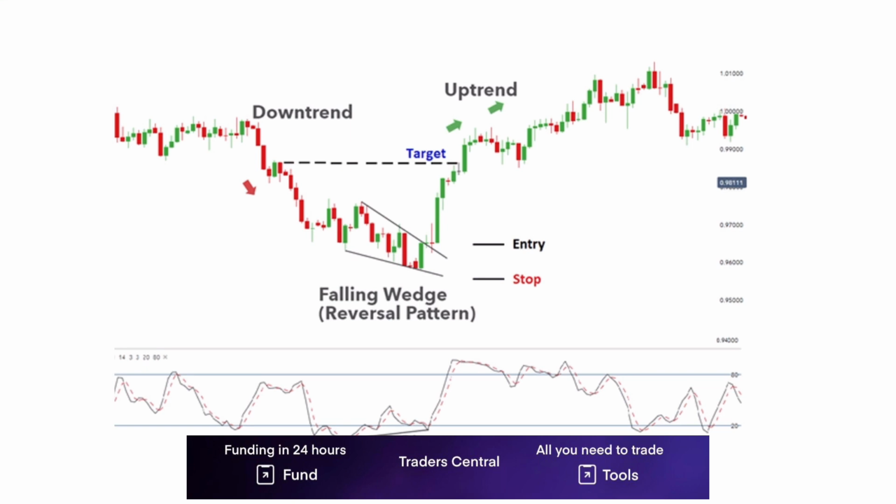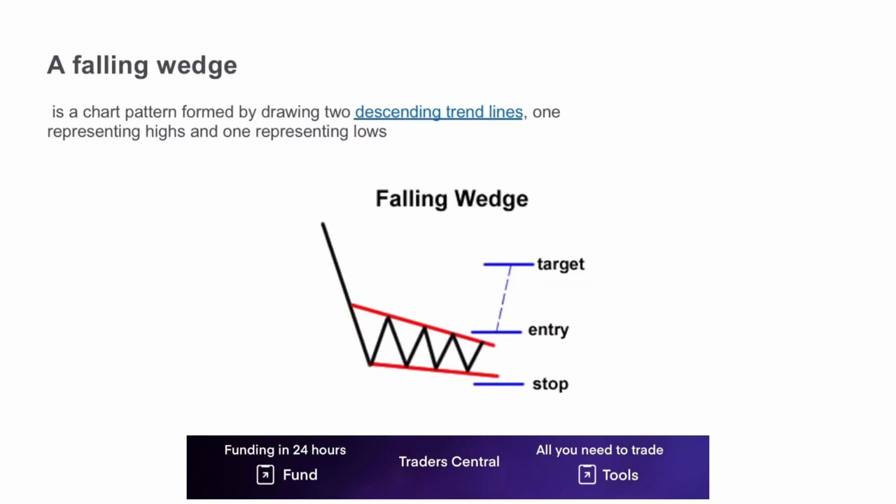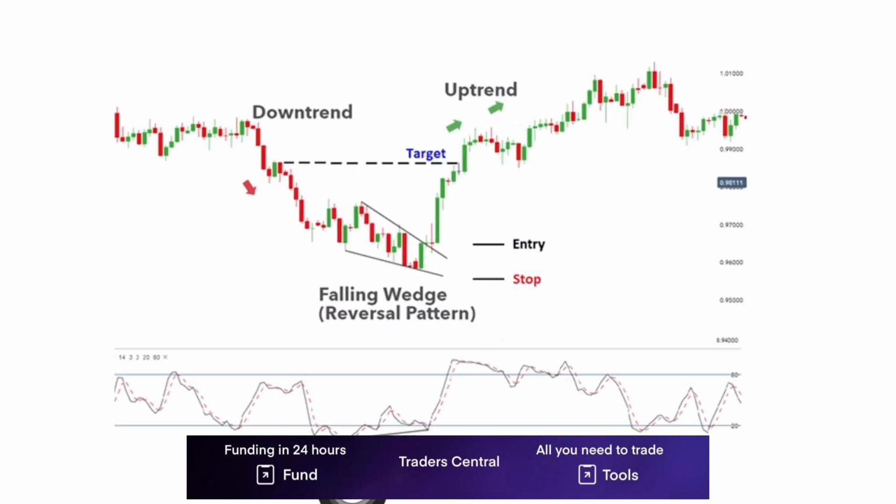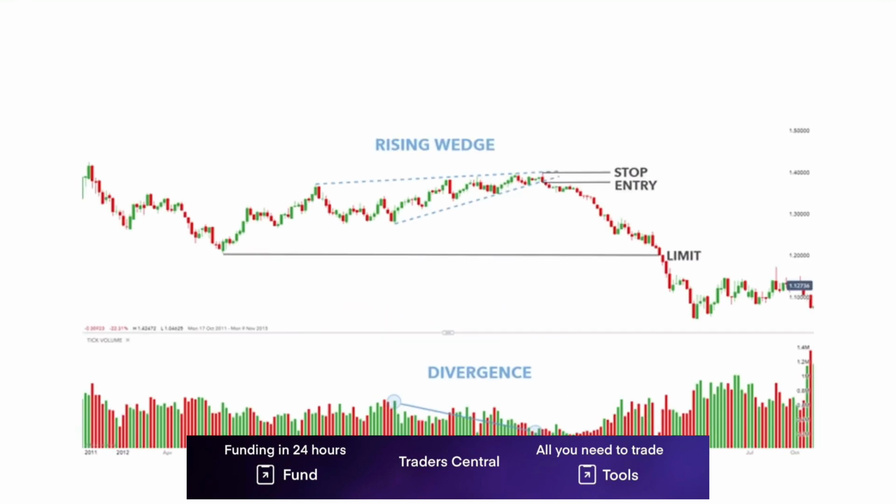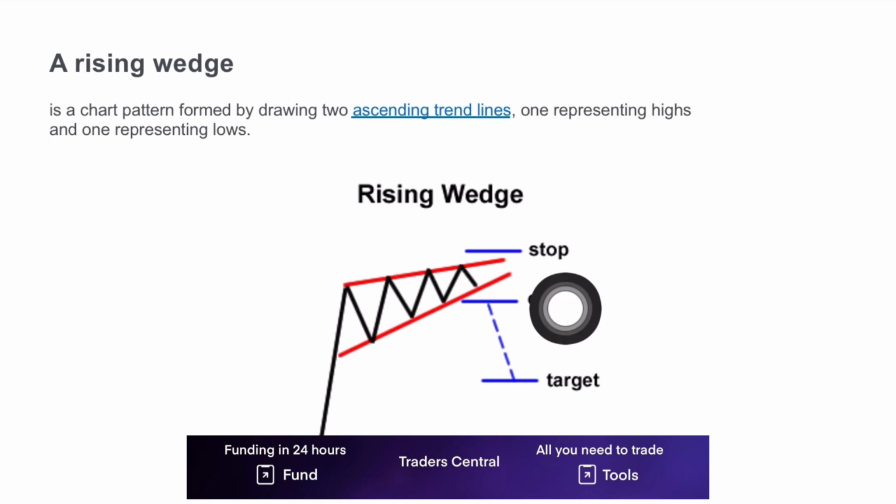Then these are reversal. This is the falling wedge, which represents reversal to the upper side, but this one we love to use with divergence. After this video, I'm going to make a video about divergence strategy, how we use divergence to catch big moves in the market. Then from there we have the rising wedge, which represents the reversal to the downside.